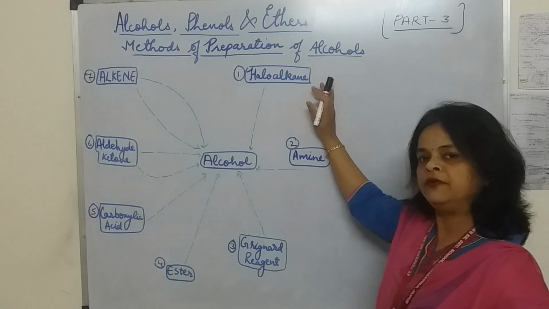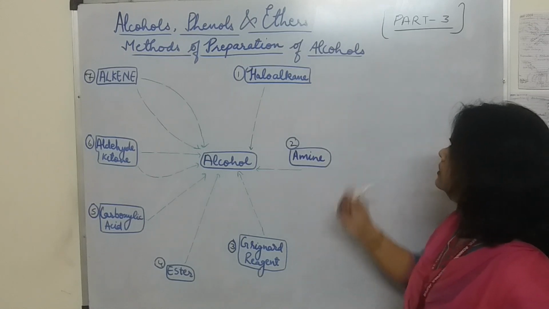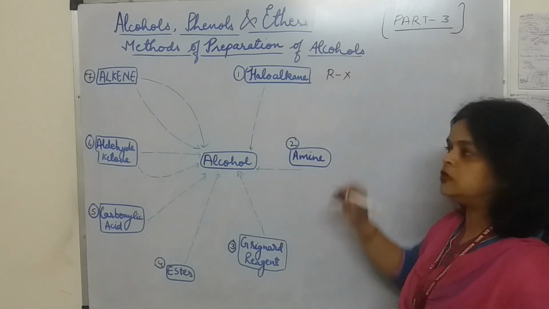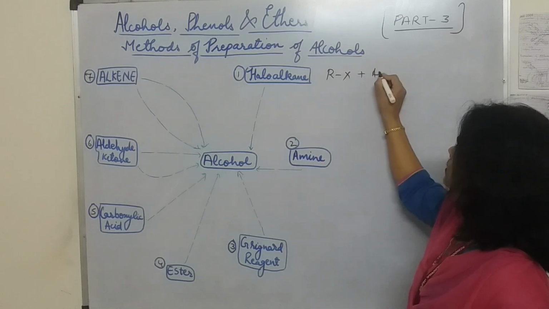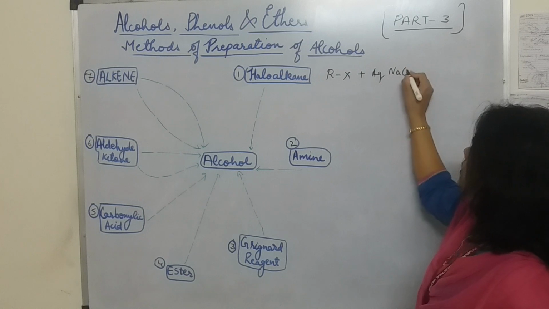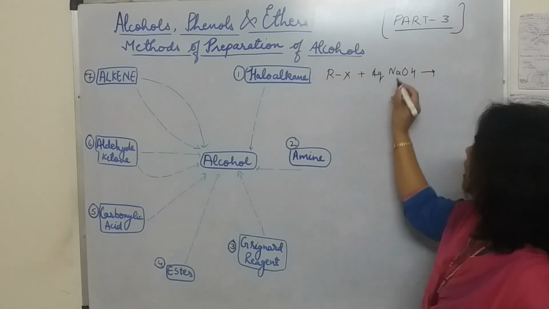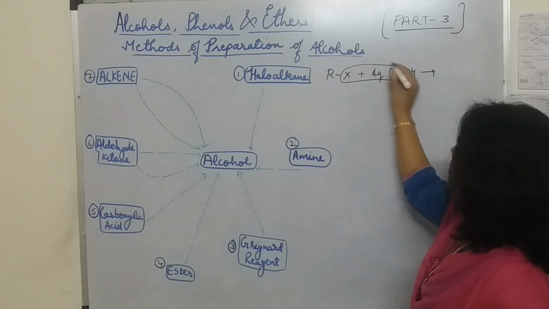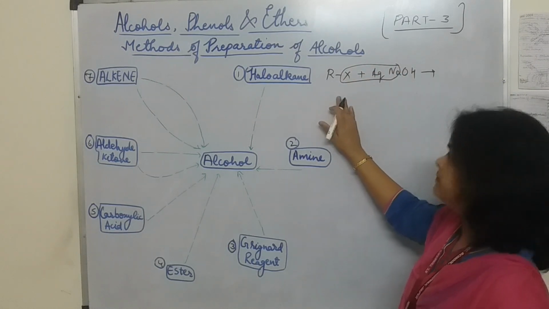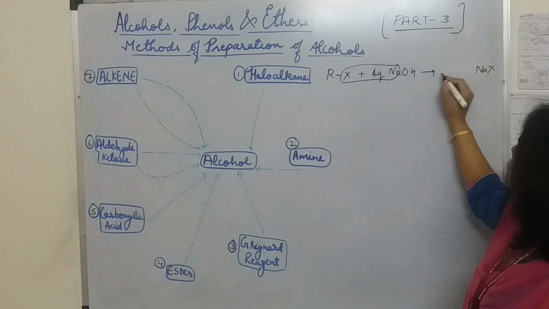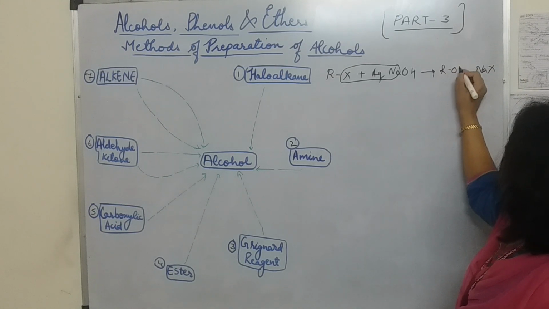As in unit 10 we had studied, whenever a haloalkane like RX is treated with aqueous NaOH or KOH, then the substitution reaction takes place. NaX will come out as a side product and we will get ROH.